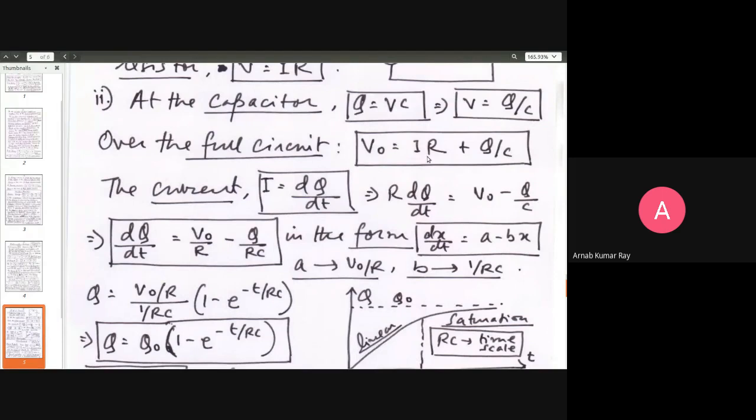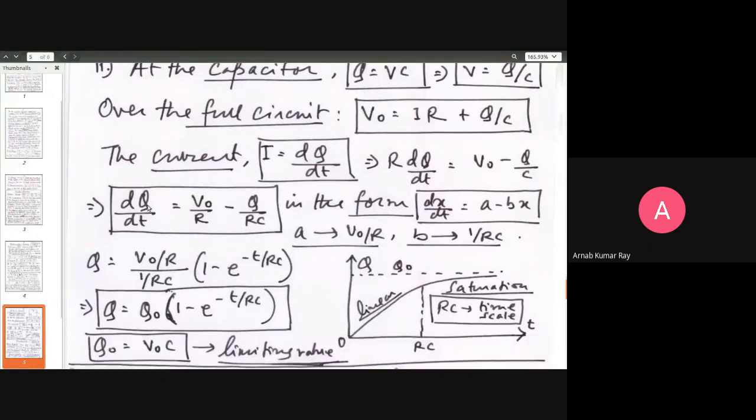So I can write this as R dQ/dt is equal to V naught minus Q by C. Then I divide throughout by the resistance R, and I get dQ/dt is equal to V naught by R minus Q by RC. If you look at it, V naught by R is a constant, Q is a variable here, dQ/dt is the time rate of change of Q, and RC is again a constant.